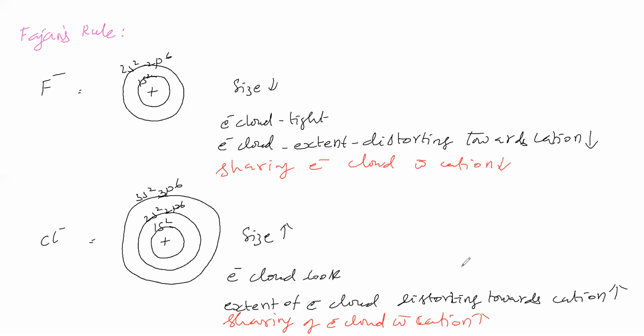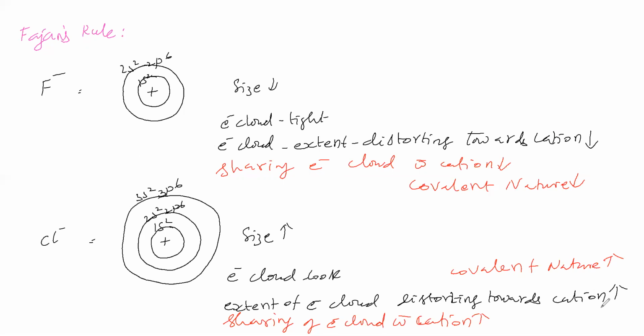Since sharing is high, covalent nature is high; since sharing is low, covalent nature is low. Therefore, if the size of the anion is low, covalent nature is low. If the size of the anion is high, covalent nature is high.